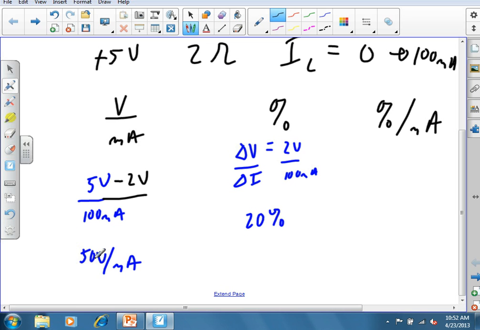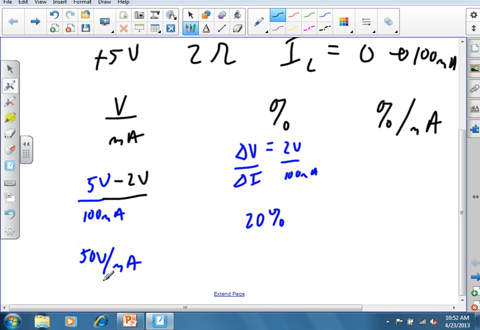On page 883, load regulation in volts per milliamp would be the no-load voltage, which would be 5 volts, minus the full-load voltage. Full-load voltage would be 100 milliamps going through 2 ohms, which is 2 volts.